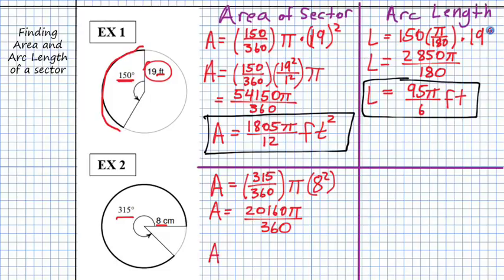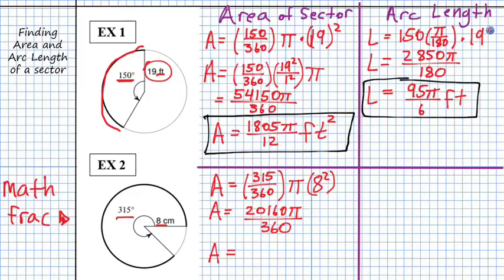And so our area is equal to, after reduction, now remember, you can use your calculator here to do this reduction. If you do math, and then it will say frac. So you don't have to do this reduction by hand.